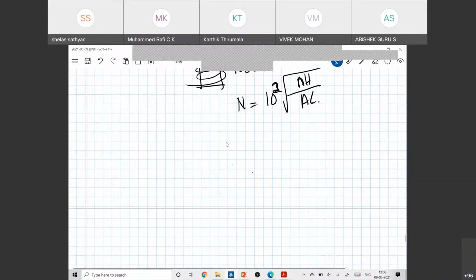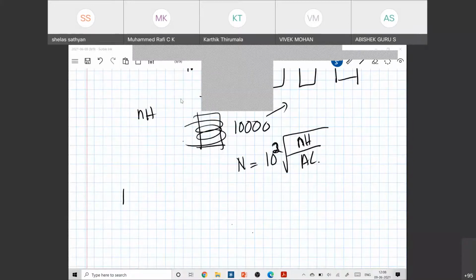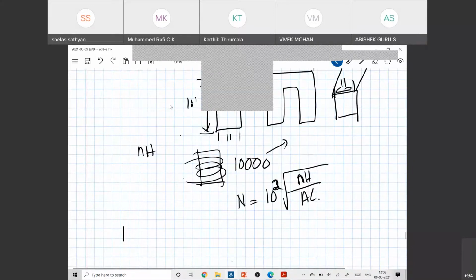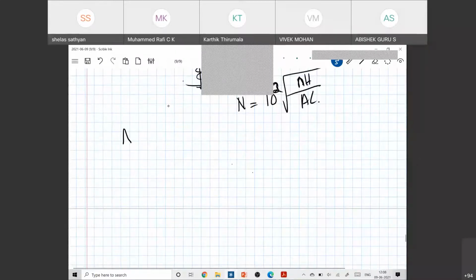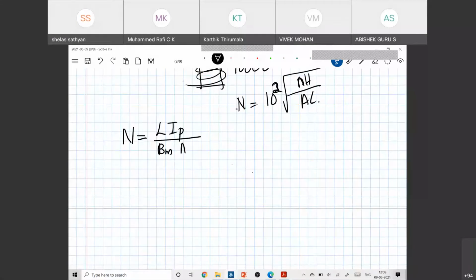Now we can find out the number of turns required. The number of turns required N is given by the inductance, the peak value of the current flowing, the flux density, and the area of the core.